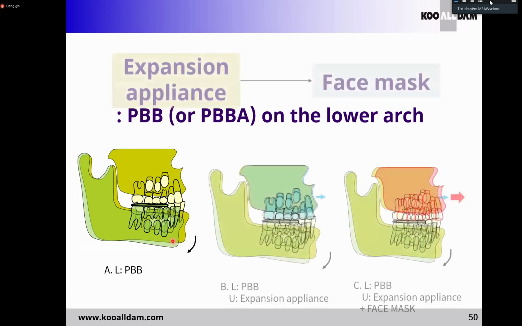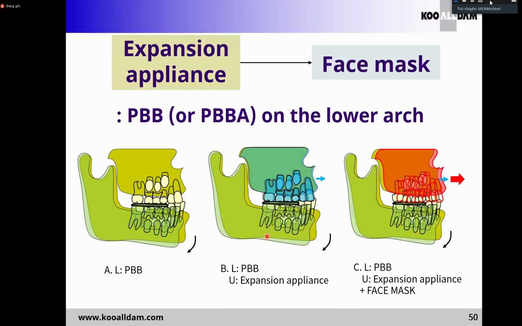In some cases, we may use expansion appliance in the upper arch. And also in some cases, we may use expansion appliance in the upper arch and face mask in order to protract the maxilla forward.